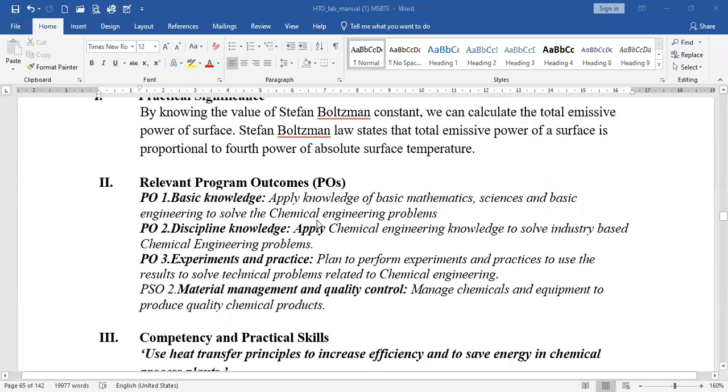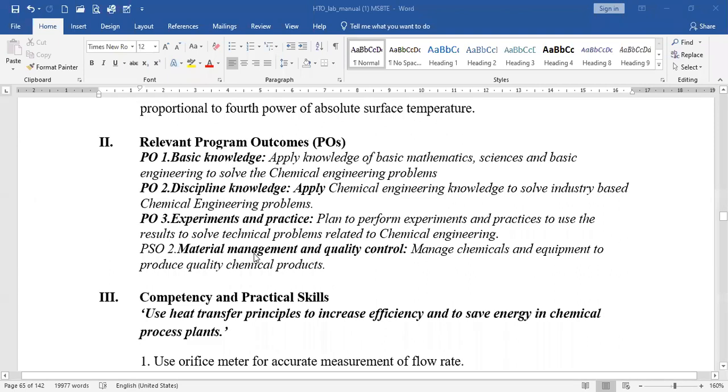Relevant program outcomes are the basic knowledge application, that is the knowledge of basic mathematics, science and engineering. Then discipline knowledge, that is the knowledge of chemical engineering we have to apply. Then experiments and practices, plan to perform experiments and practices to use the result to solve the technical problems related to chemical engineering.